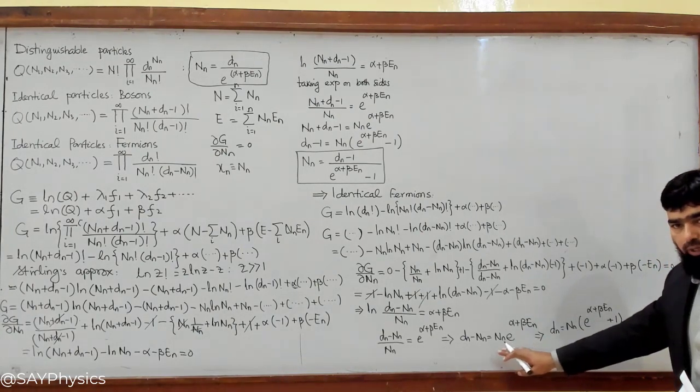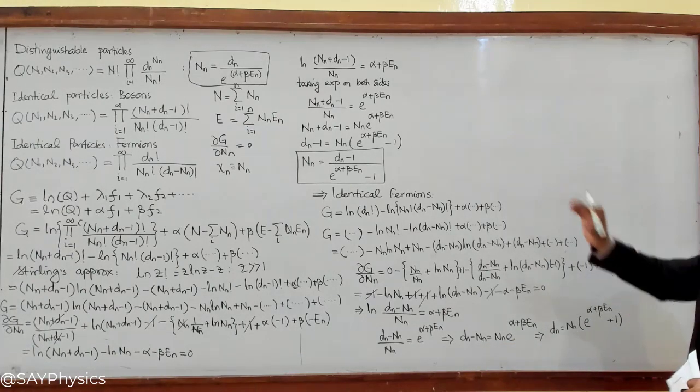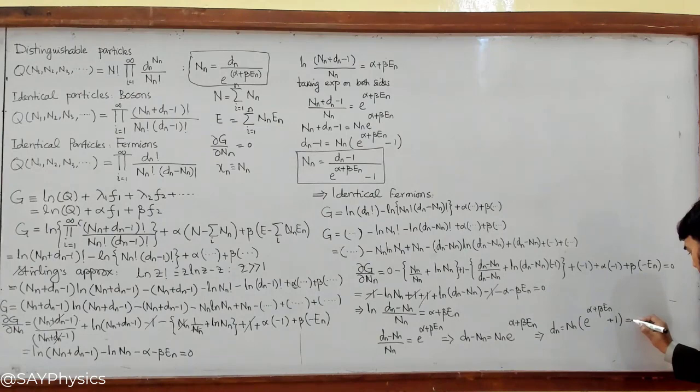So in terms of nn, this will be equal to dn over e to the power alpha plus beta en plus 1.